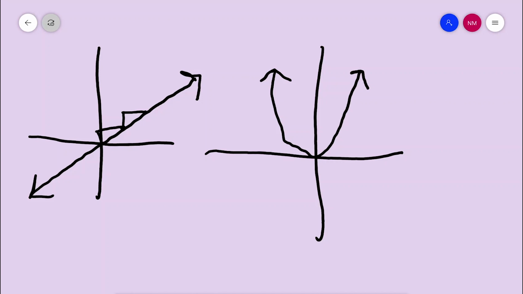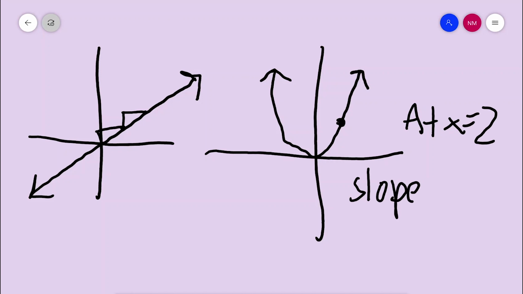Using that formula, I can find that at the point x equals 2, the slope of x squared is actually 4. Mind blown.